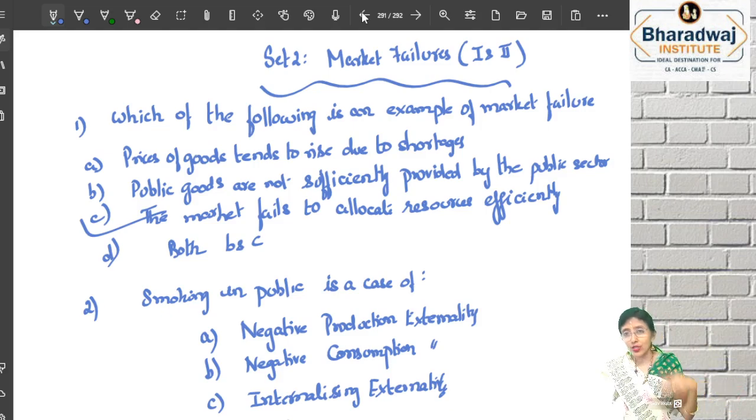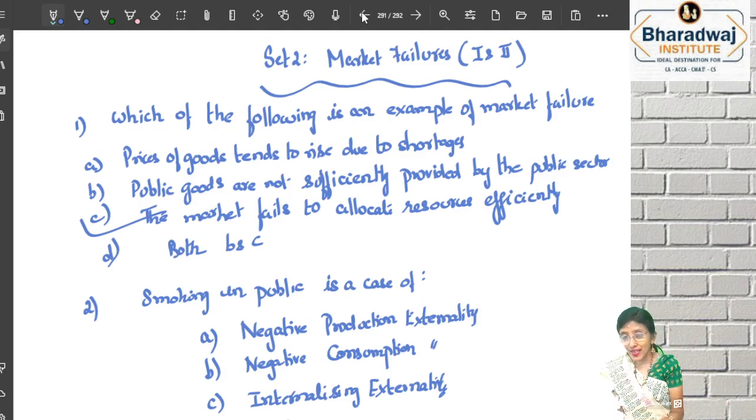Private sector is falling short and the government is doing it. So answer is C. Very clear-cut answer. Public goods not sufficiently provided by the public sector, how is it a market failure?